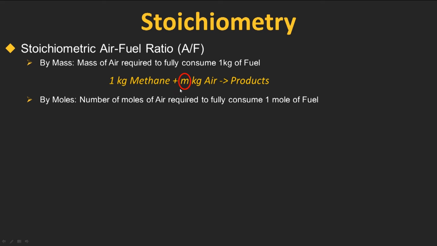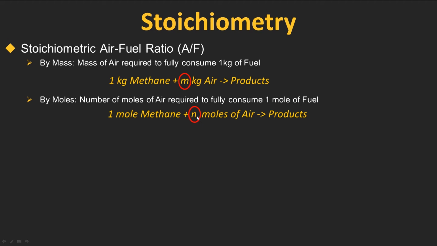Similarly, the stoichiometric molar ratio of fuel-air combustion can be defined as the number of moles of air required to consume fully 1 mole of fuel. Again, if 1 mole of methane requires n moles of air to fully react it away, then n is the stoichiometric molar ratio of methane air combustion.